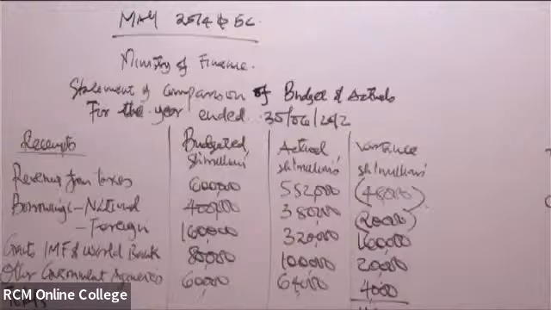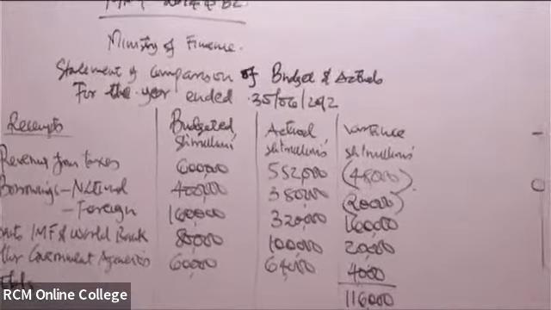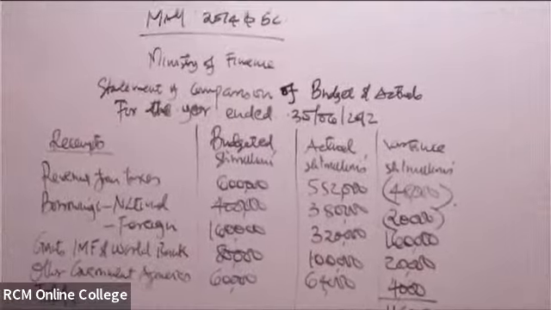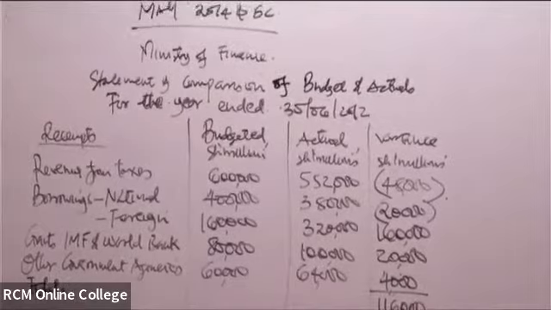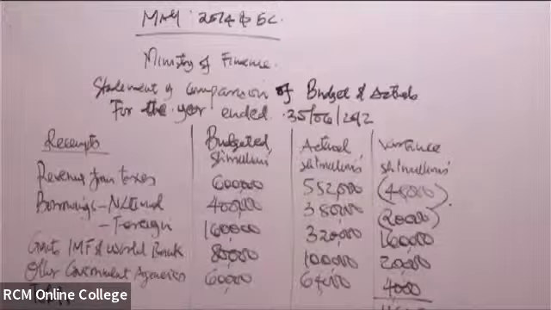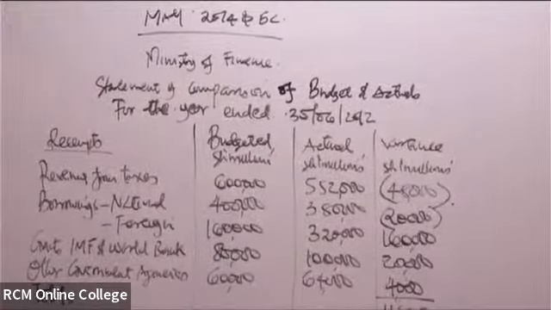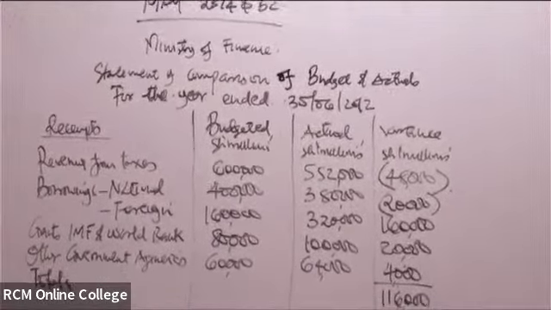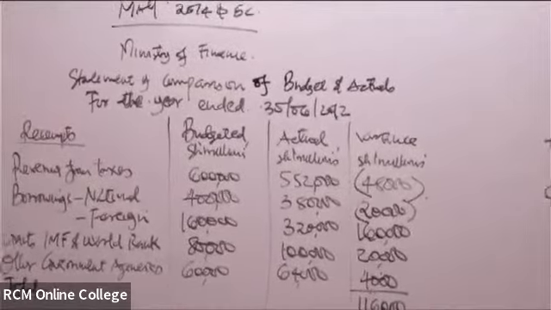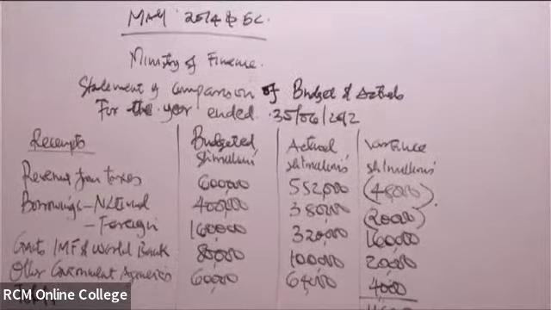So you can be able to see there. The totals are 116 billion.